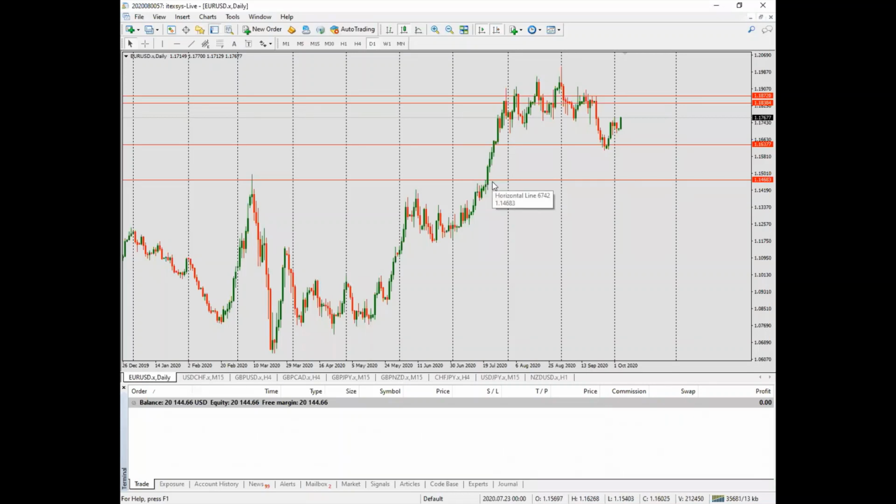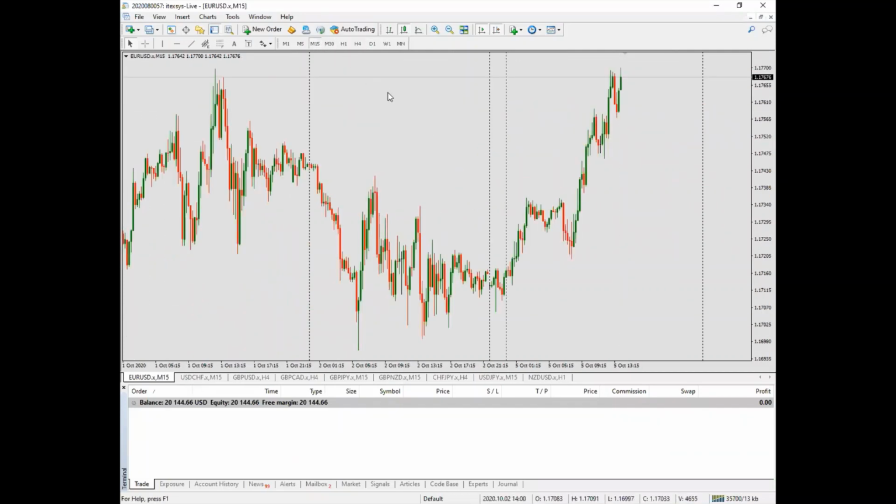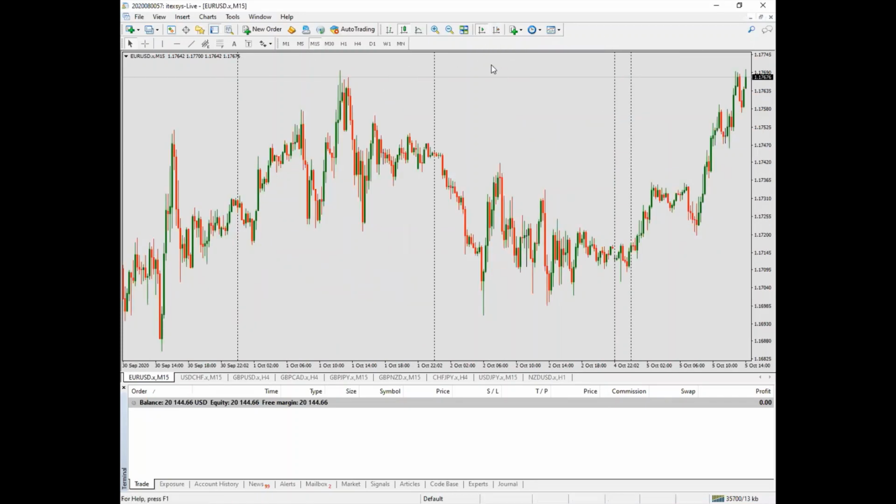Okay. All right. So this is the long term or the swing analysis. Now we can take a look at the intraday charts, the lower time frame, and see if there is any opportunity for now to get inside the position.